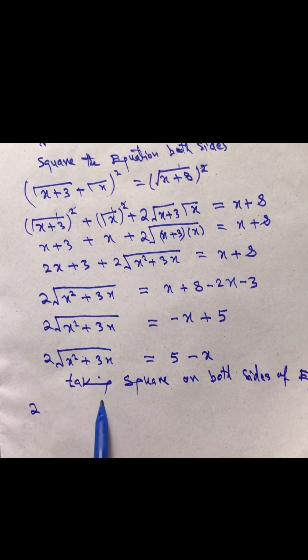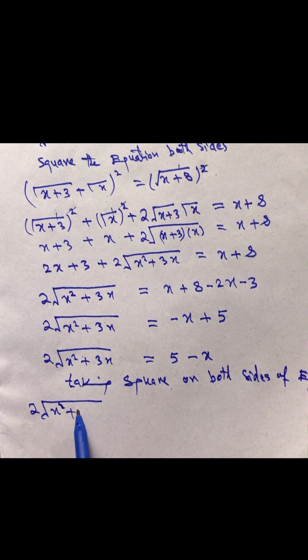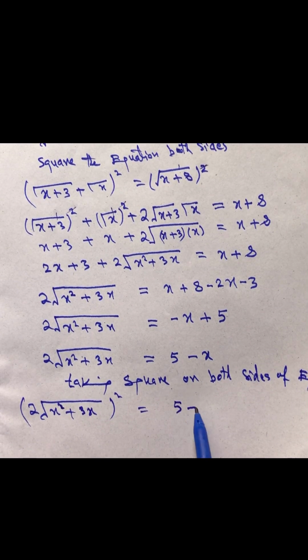We are taking the square on the left hand side, 2 root of x square plus 3x, squared, and also (5 minus x) squared. Here remember this 2 is outside the radical sign. It means we have to take two squares separately.